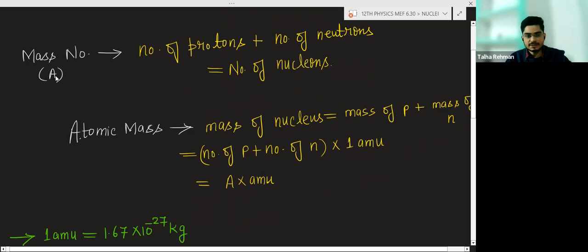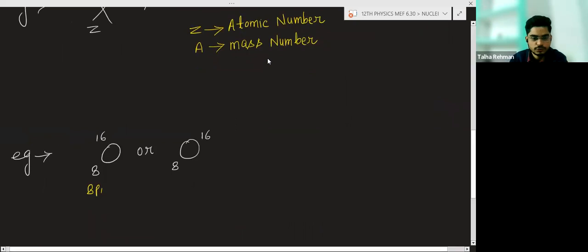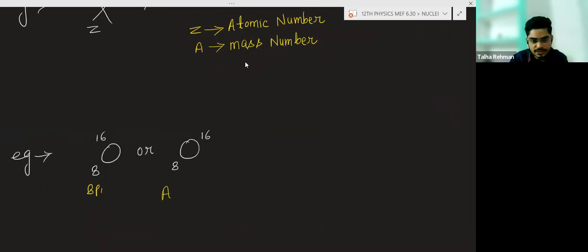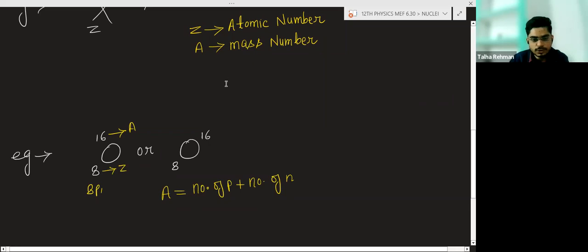Mass number is equal to number of protons plus number of neutrons. So mass number A is equal to number of protons plus number of neutrons. This is mass number A, and this is atomic number Z. So what is the value of A?